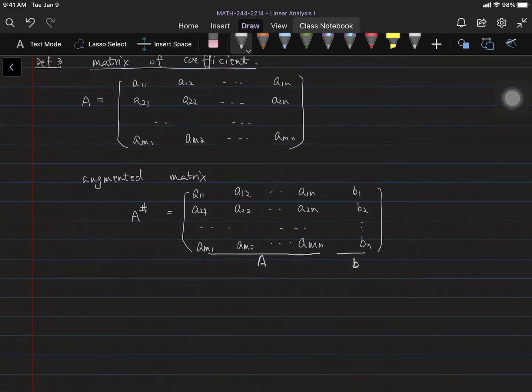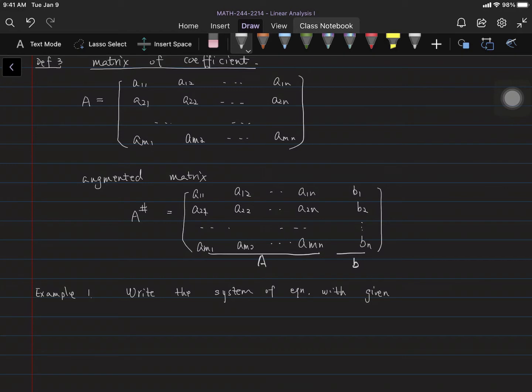Now let's take a look at an example, and we are going to write down some coefficient matrices and augmented matrices. So let's see the first example. Write the system of equations with the given augmented matrix.